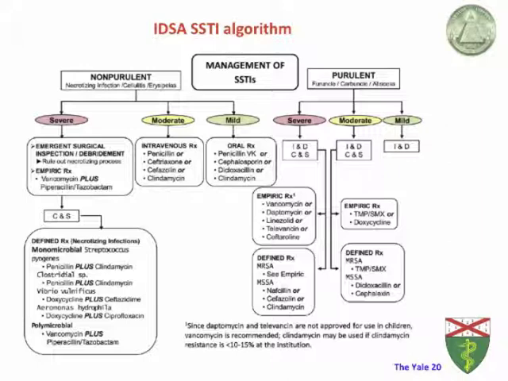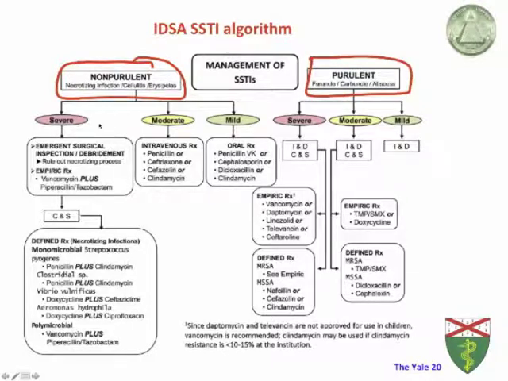So those are the infectious disease guidelines for skin and soft tissue infections, and it's pretty similar to what we went through with the antibiotic triangle of truth. Again, the first fork in the road is a non-purulent infection versus a purulent infection, and then for each one we check whether it's severe, moderate, or mild.